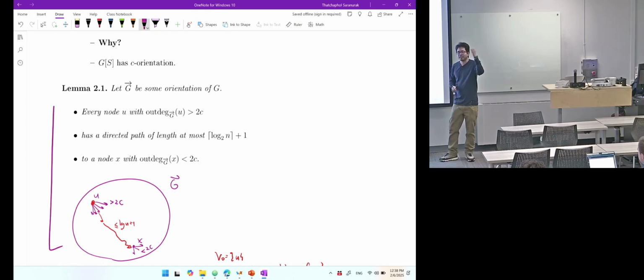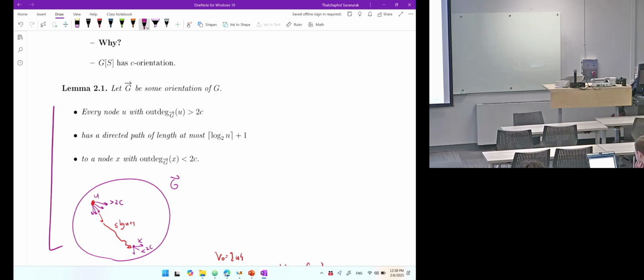So suppose that is bad. If this happened, that is the bad node. Call that node U. So this is the bad node with out degree 2C plus 1. And we know that there must exist a short path to a good node.